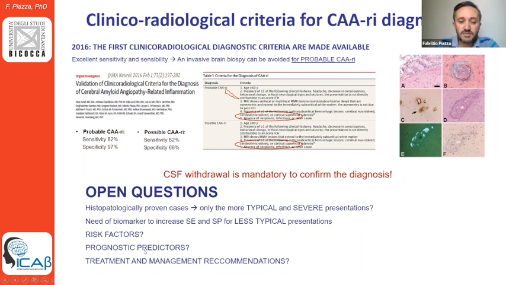And also we have to understand which are the risk factors or the prognostic predictors of the disease, and lately to write some treatment and management recommendations, because now we are able to make the diagnosis quite well, but there is no recommendation or guideline on how to manage, how to follow, and how to treat these patients.